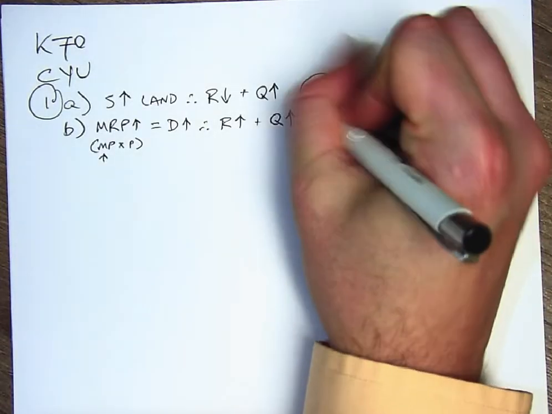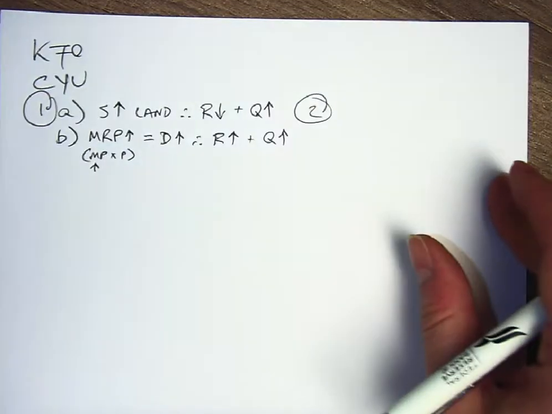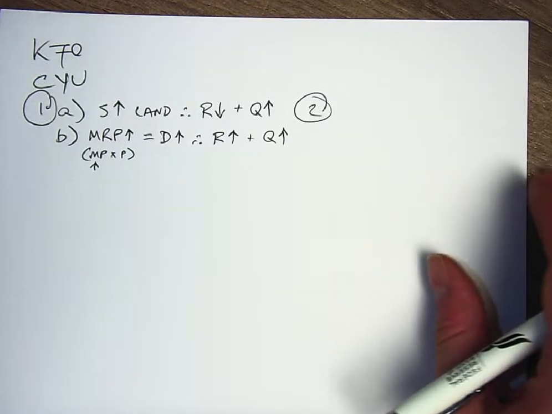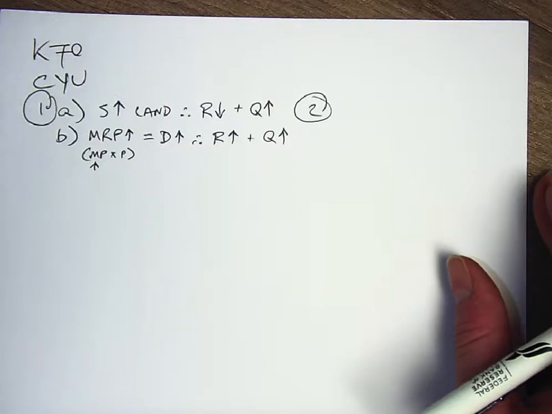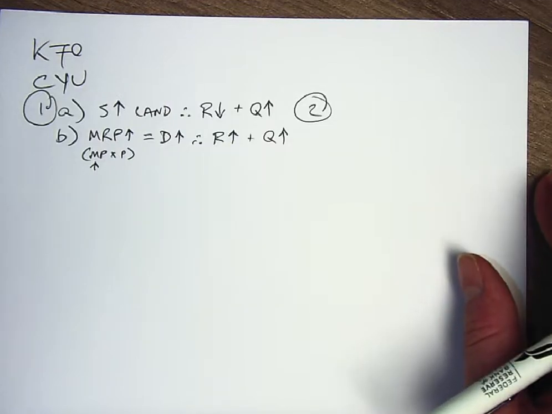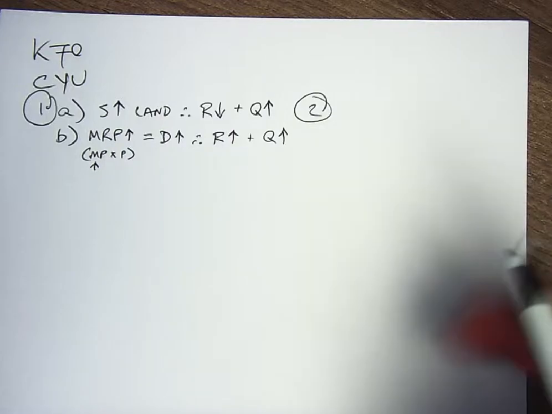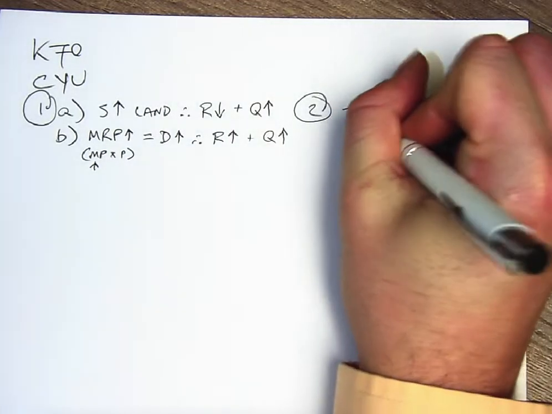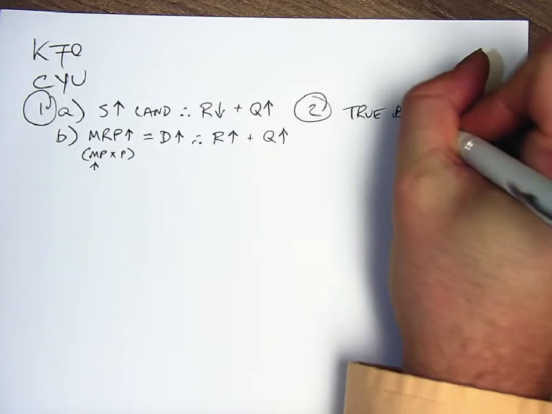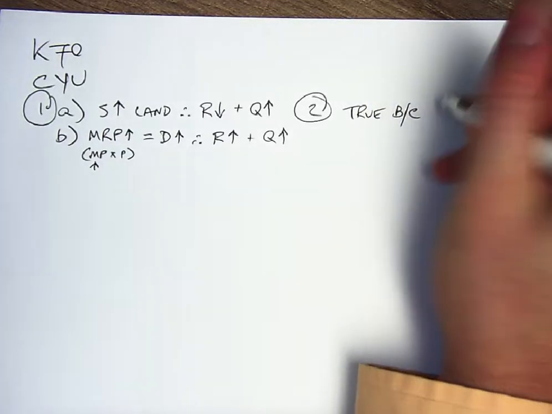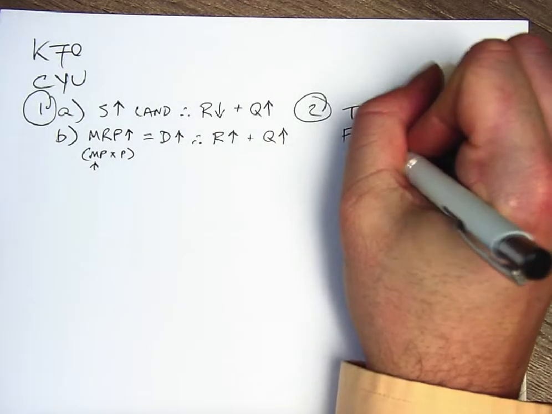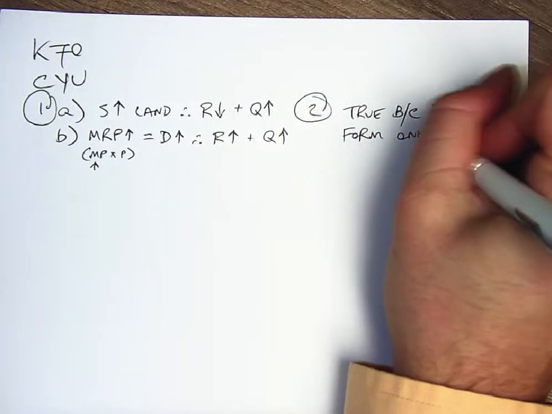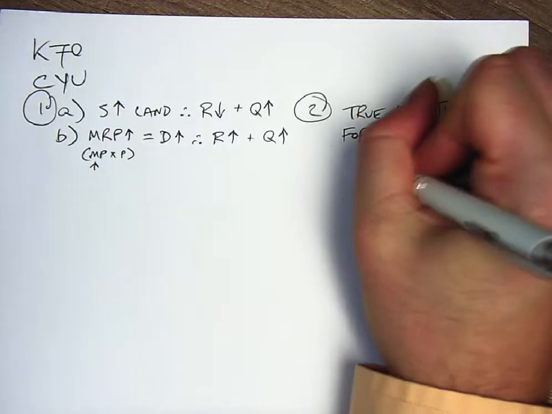For question number 2, explain the following statements. When firms in different industries all compete for the same land, the MRP of the last unit of land rented will be equal across all firms, regardless of whether they are in different industries. That is true, and the explanation is that even though they're different industries, they form one market for land.